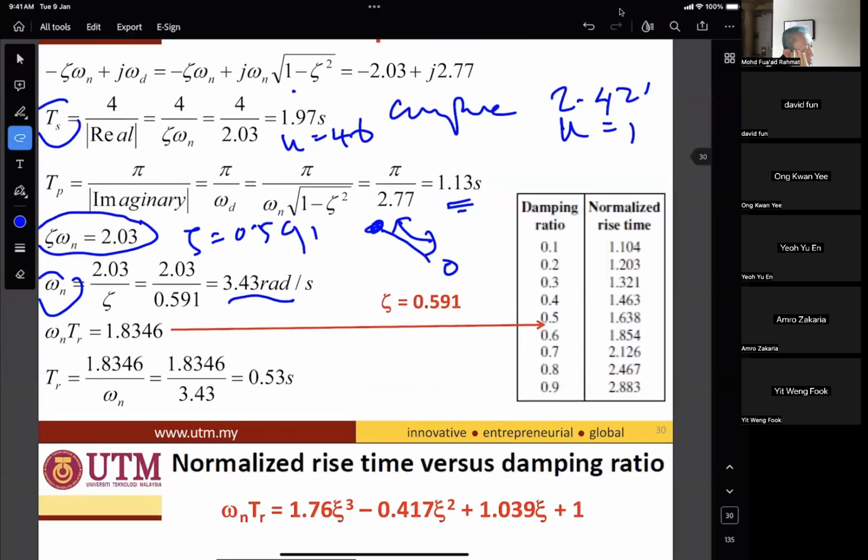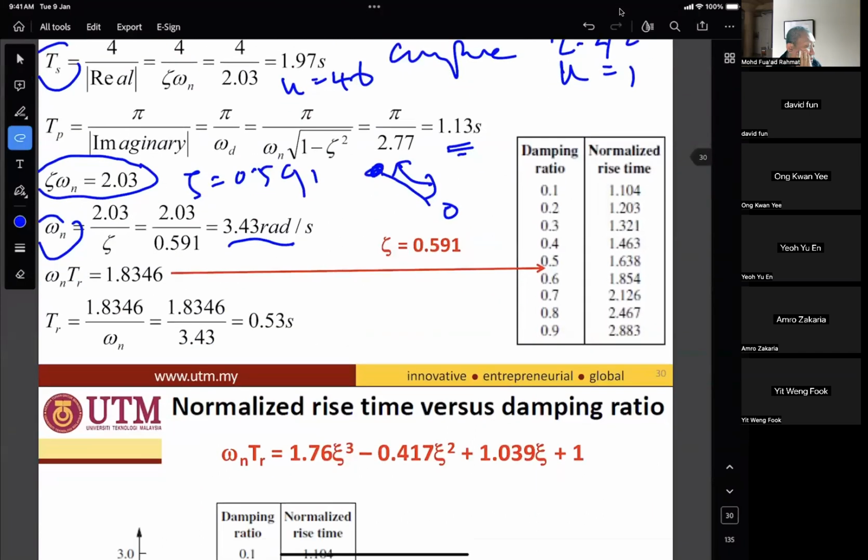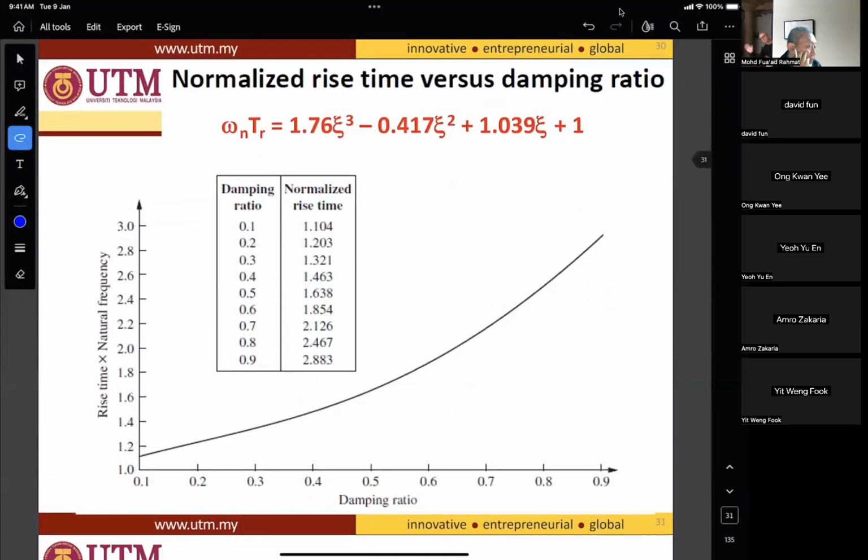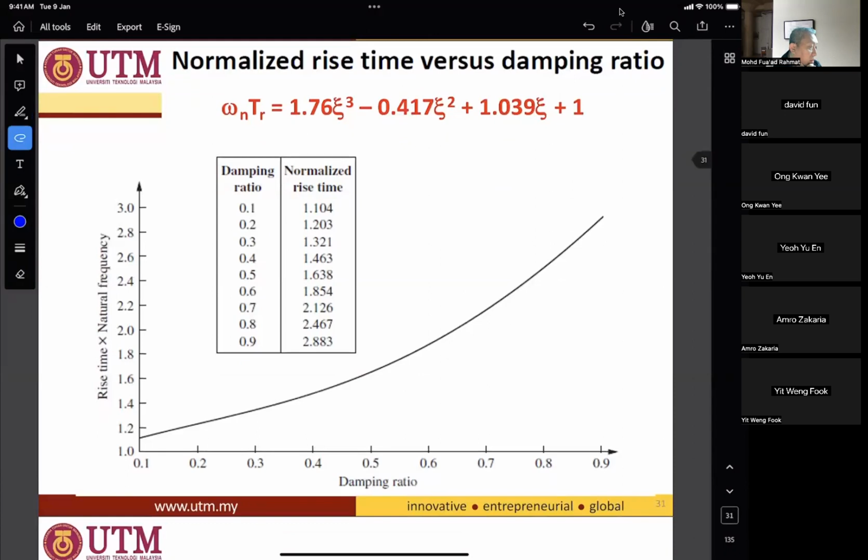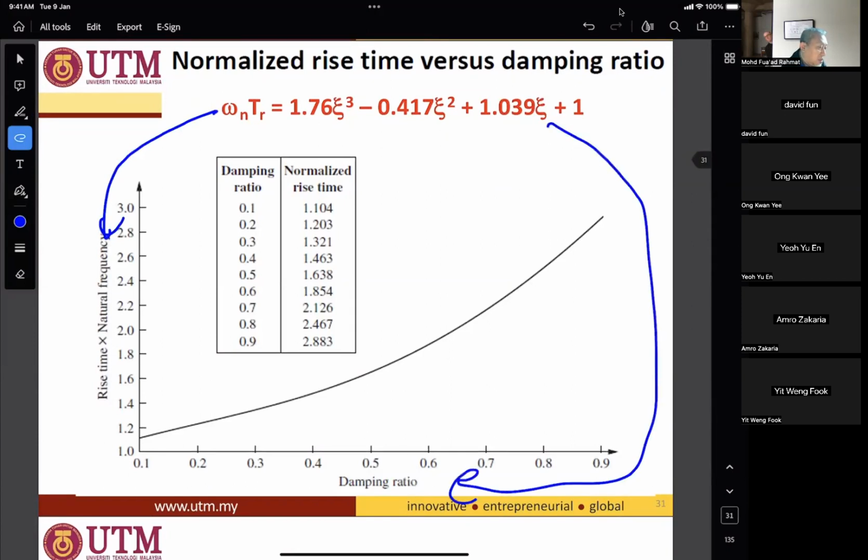Then you can get the rise time, which is 0.53 second, also using the graph given. But this is very rare in tests and exams. Just be prepared, because some lecturers may like to highlight this item. This graph is omega n Tr versus zeta, and this curve is represented by the formula omega n Tr equal to 1.76 zeta cubed, and so on.